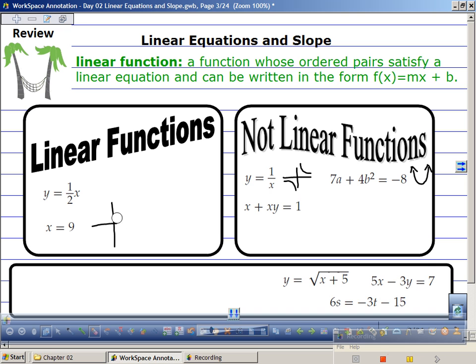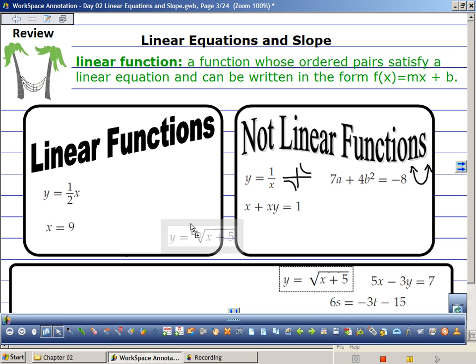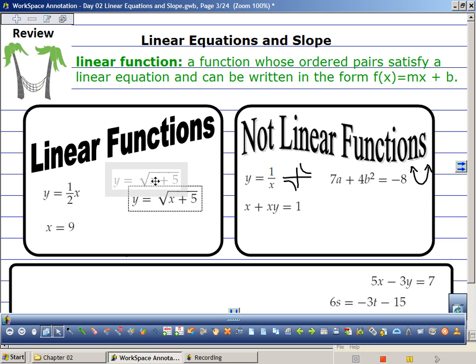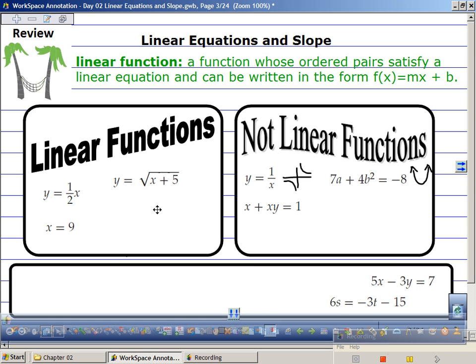What about, I'm going to erase this. What about this one? Think about it. This is the way I look at this. If x squared is something like this, isn't the square root of x the inverse of x squared?